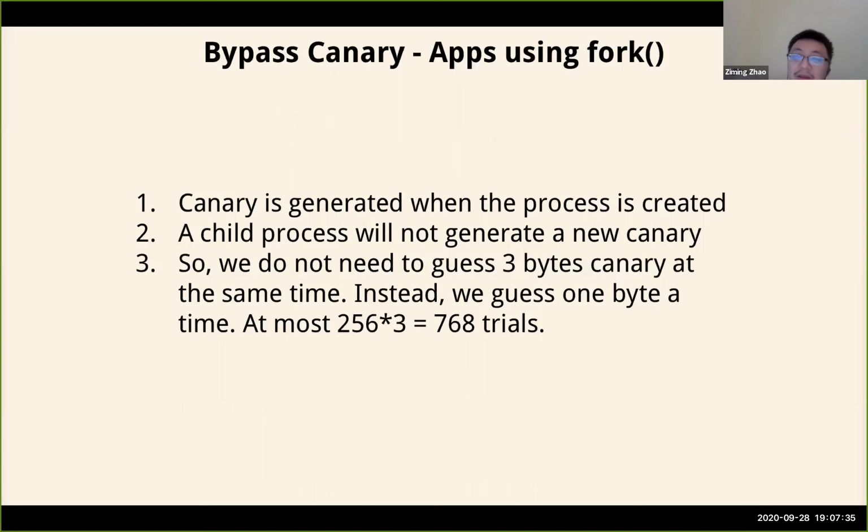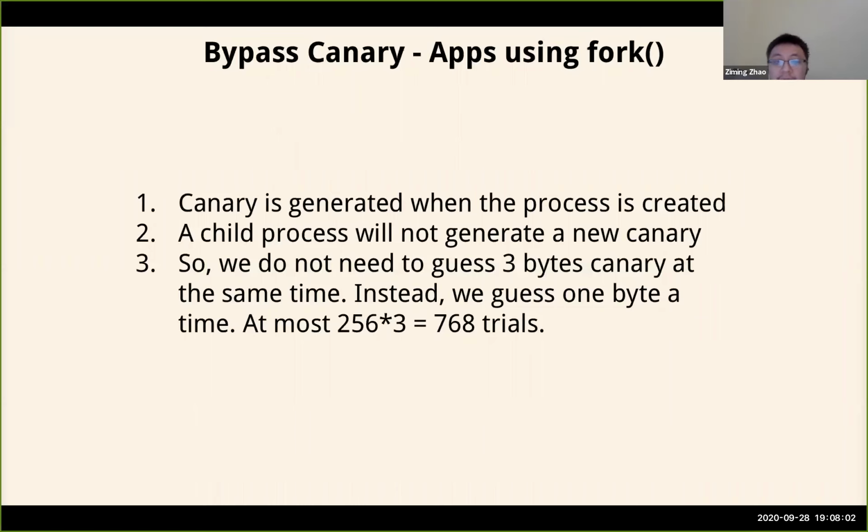When the process forks itself, it makes another copy of itself, and the other copy will have exactly the same canary. So the child process will not generate a new canary, it will be the same. So if it doesn't generate a new canary, do we still have to guess those 3 bytes at the same time?